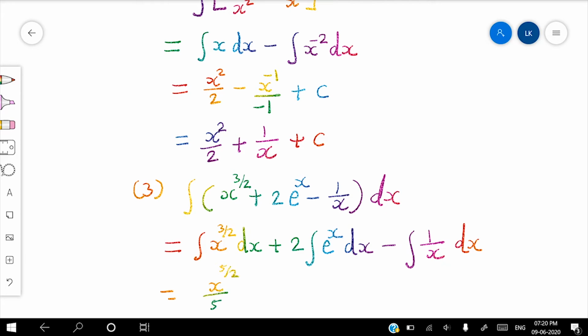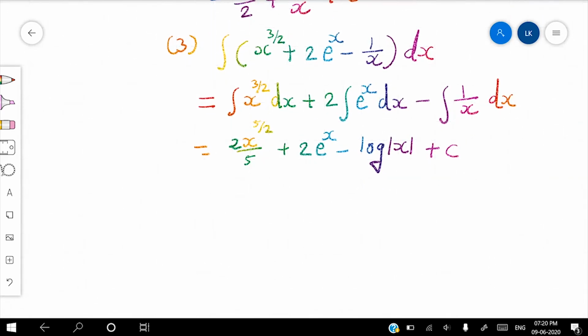That means x raised to 5 by 2 upon 5 by 2, and this 2 comes with the numerator. Plus 2 e raised to x, its integration is the same. Minus 1 upon x, its integration is log mod x. Plus we are simply writing one constant for each integration, where c is a constant.